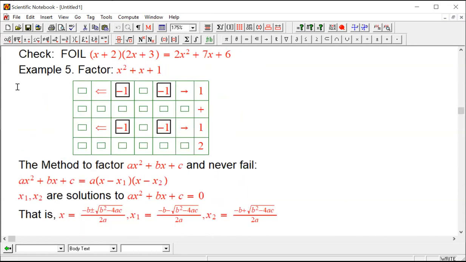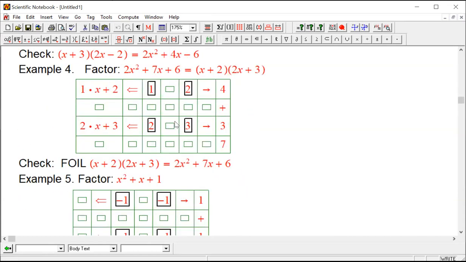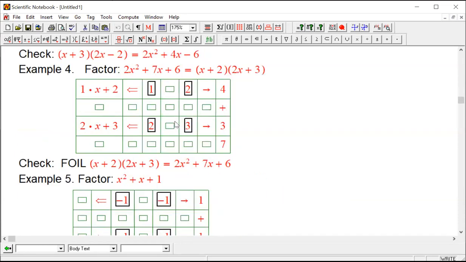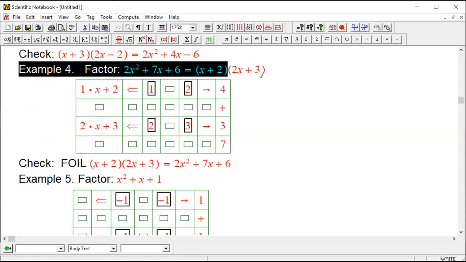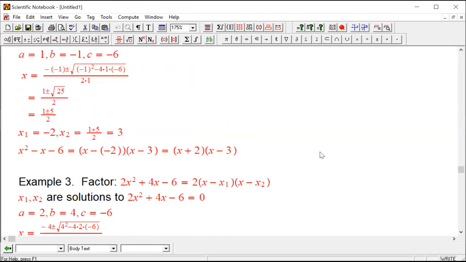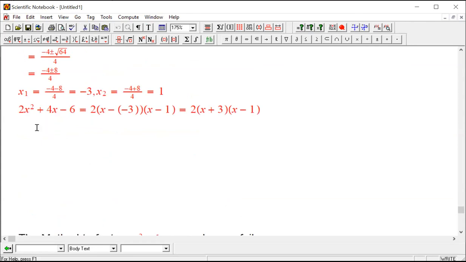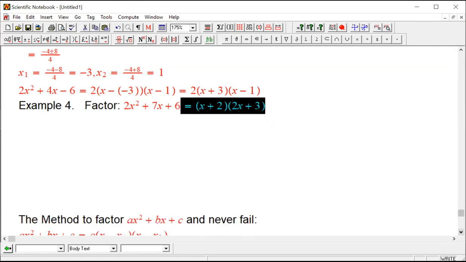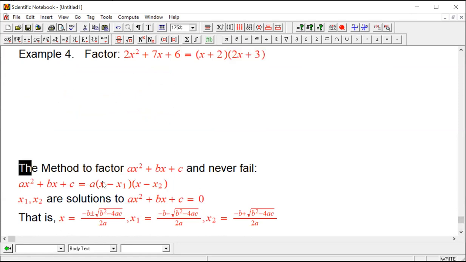Now finally, oh yeah, we haven't done number 4, right? So let's do number 4. If you'd like to try it yourself, why not? This is the factor we got. We're going to apply this method.